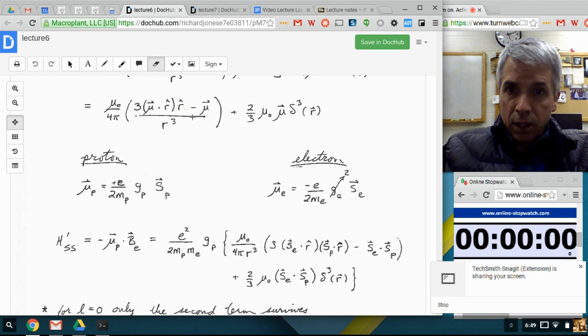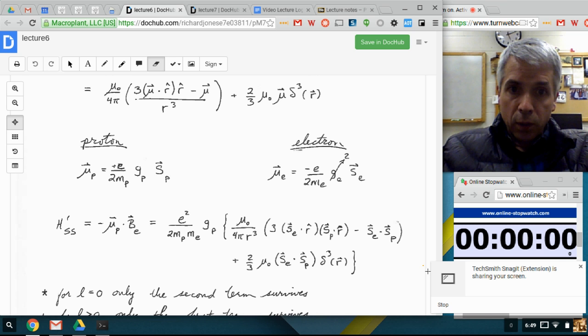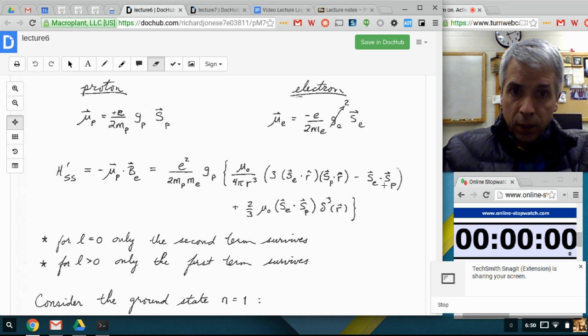And you can see this nicely symmetric picture emerging. Spin of the electron dotting with r hat right next to the spin of the proton dotting with r hat, as if the two were on a completely similar basis, even though here, of course, we considered one of them to be the source of the field, the other one to be the sensor. Once again, the second term is the contact term, the delta function, that's down here.